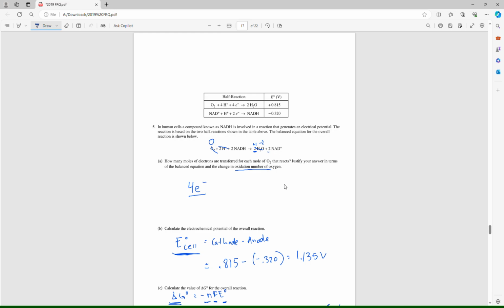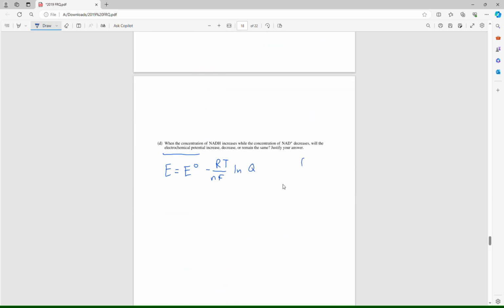So our Q value would be NAD plus squared over NADH squared. Let's just write that out so we have it with us. So let's back up. At standard conditions, which is E naught, these are both 1 molar.